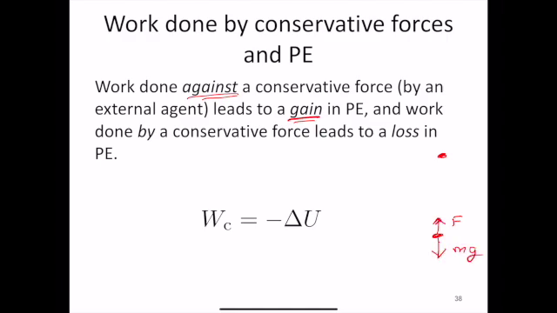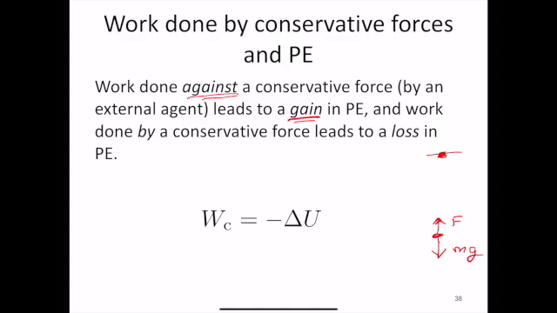So I am doing positive work in lifting up the object. Gravity is doing negative work. So gravity is our conservative force here. When the work done by gravity is negative, then the potential energy of the system increases. And as a result, the object has a higher potential energy at the greater height.